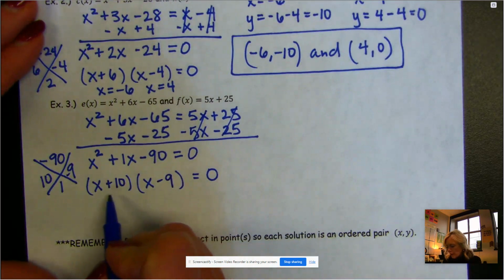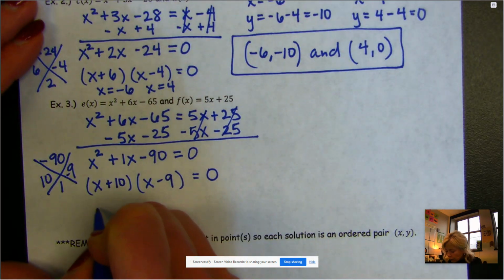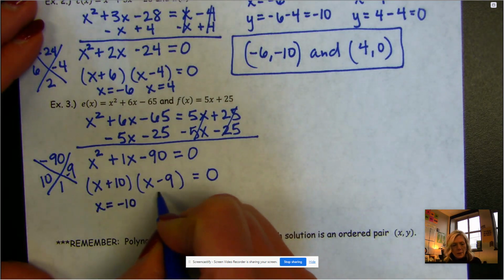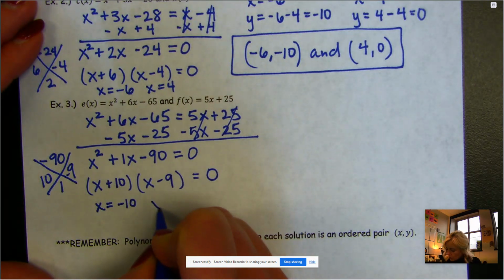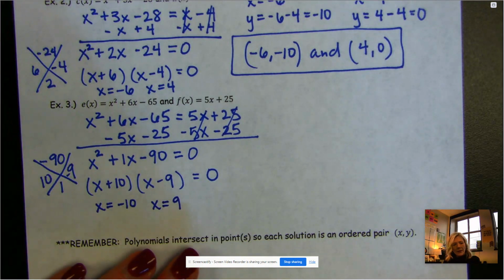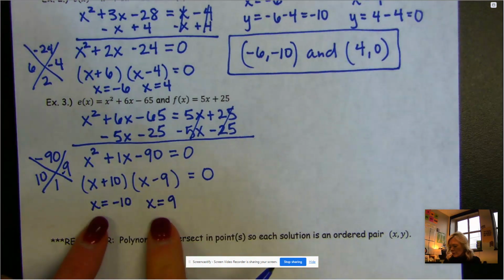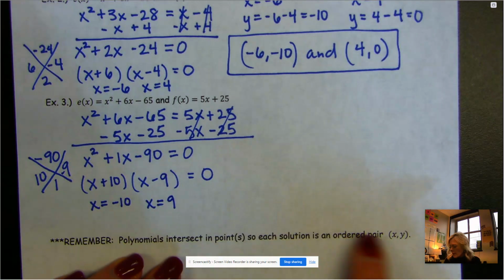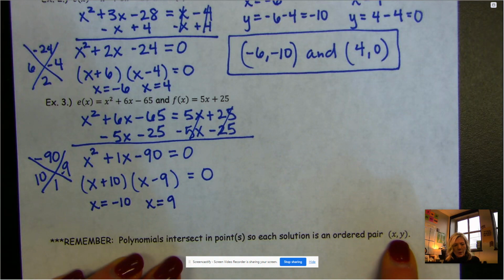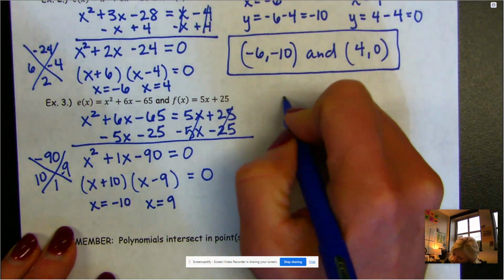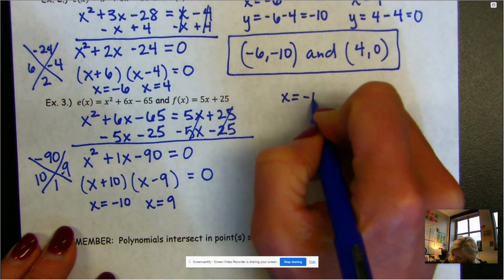So from x plus 10, we get a solution of x equals negative 10. And from x minus 9, we get a solution of x equals 9. And then finally, we have the x values, so we have to figure out what the y values are, so that we have our ordered pair for a point of intersection. So if x equals negative 10, I'll do that one first.